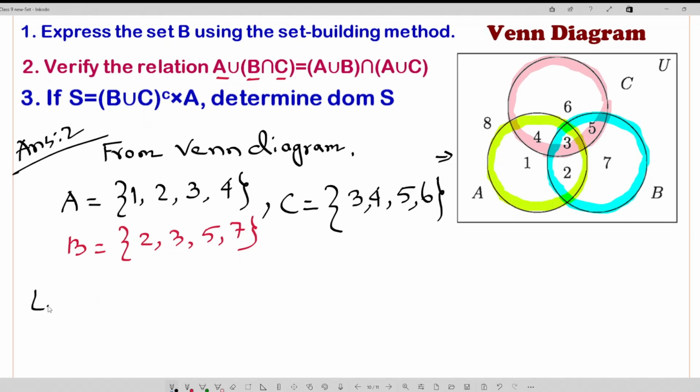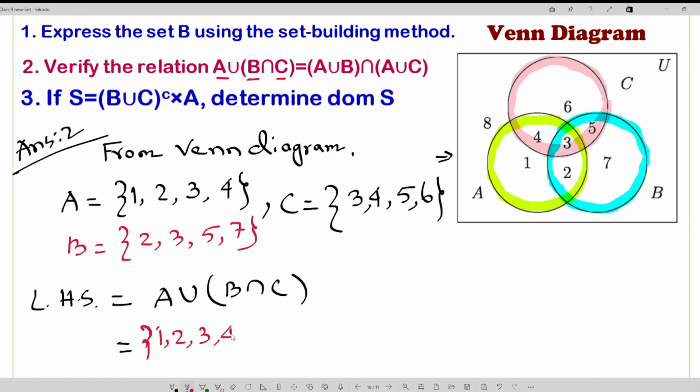Now verify the relation. Left hand side, A union (B intersection C). We can write directly. A means what? 1, 2, 3, 4, right? Union. Intersection, B means what?